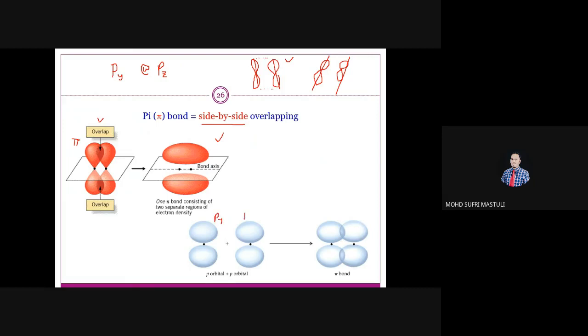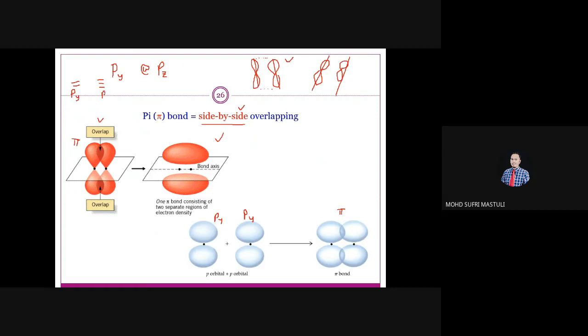Py with py to form a pi bonding. Why pi? Because of side by side overlapping. Py or also pz. Px we consider end to end, so it means that it's a sigma. So the pi bonding, as I told you before, is in either double bonds or triple bonds. This one, it should be py with py.